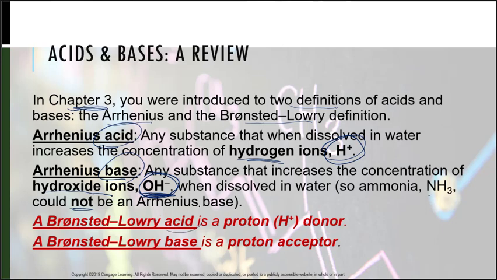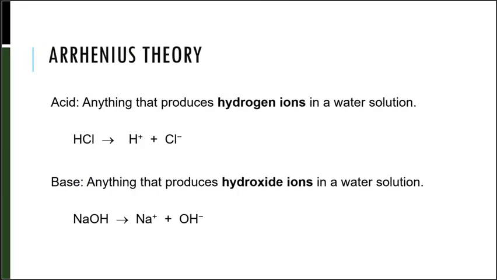A Brønsted-Lowry acid is a proton donor. A Brønsted-Lowry base is a proton acceptor. So we have a little difference in our Arrhenius acids and bases and our Brønsted-Lowry acids and bases. Here's an example of our Arrhenius acid. If I have hydrochloric acid, when dissolved in water, we can see that it dissociates into our H+ ions and our Cl- ions.